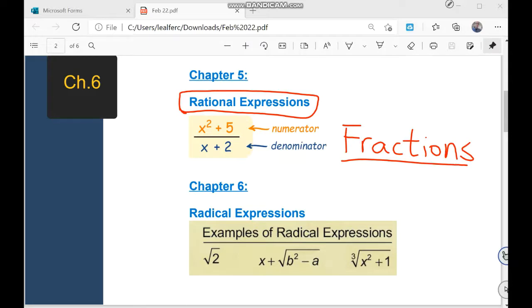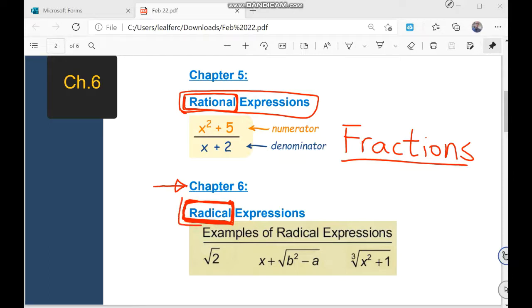Now we are starting chapter 6. It's a new topic, it's a new word that we're going to work with. Not rational anymore. We will work with radical equations. Now, pay attention because they're kind of similar words. They start with R and A, radical, rational. They kind of sound the same, but they are completely different words.